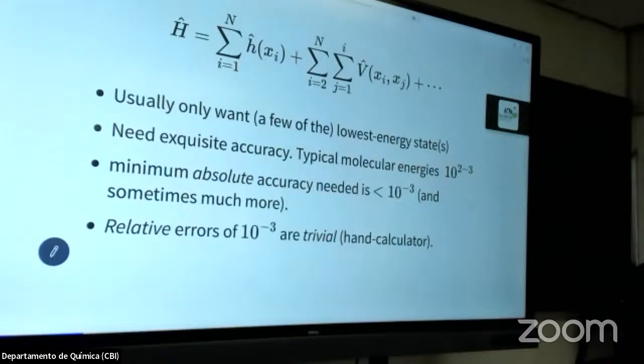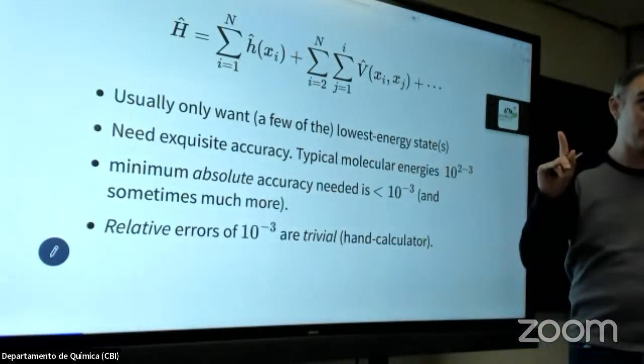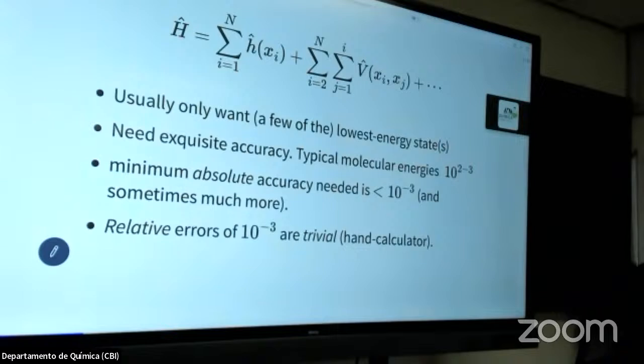We talked about that with the kinetic energy functionals, where I was showing you errors that were order 1, and it was not so great. 10 to the minus 3, that's where we're trying to get. A relative error of 10 to the minus 3, so not an absolute error of 10 to the minus 3, a relative error of 10 to the minus 3 is trivial. I do it on the calculator.